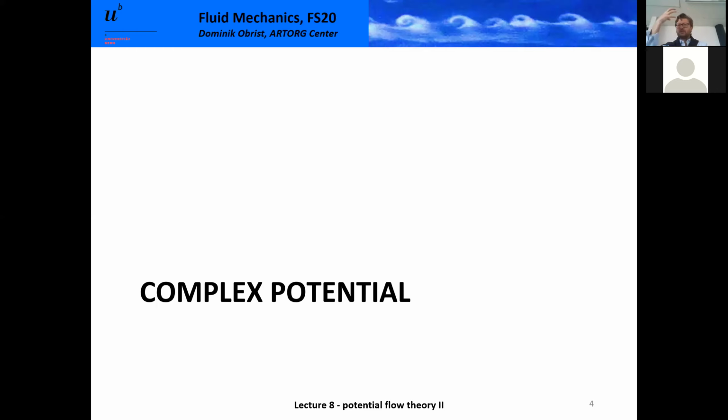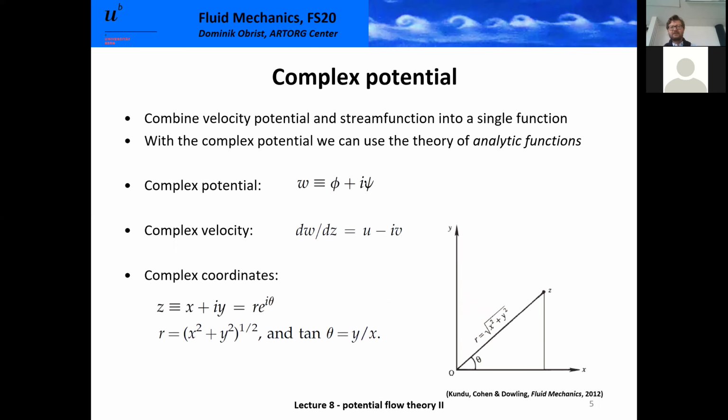And we will see that the real part of the complex potential corresponds to our classical potential, and the imaginary part of the complex potential is the stream function. That's how it's defined. It's actually quite straightforward to use, and that's what its beauty is.